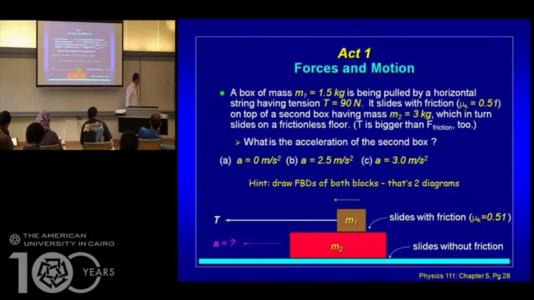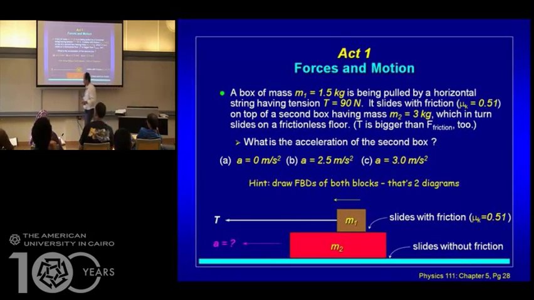Now, can we calculate the acceleration from that equation? Can we calculate the acceleration in that case?